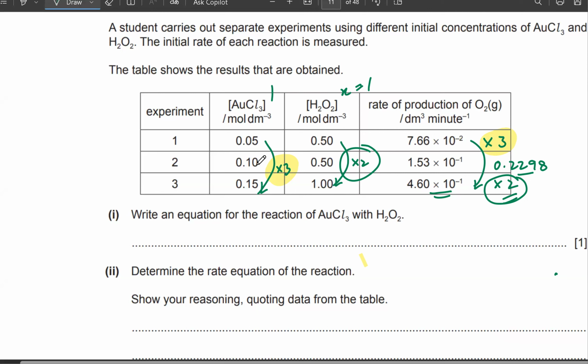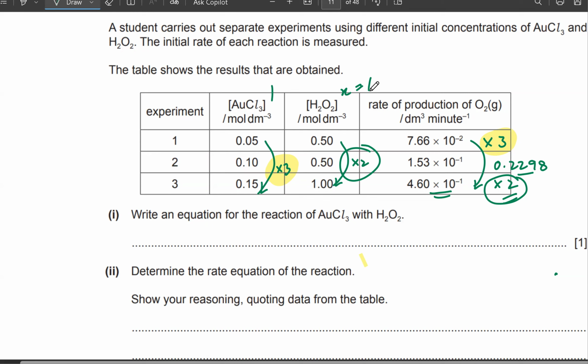So now I had to factor that one in. It was becoming 3 times, so I knew that the rate of the reaction will become 3 times, so it should be 0.2298. But eventually it was 4.6, so that means it got doubled again, right? So this extra doubling is because of this doubling. So that's order 1.